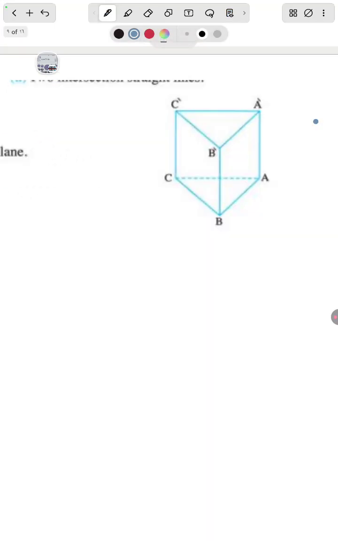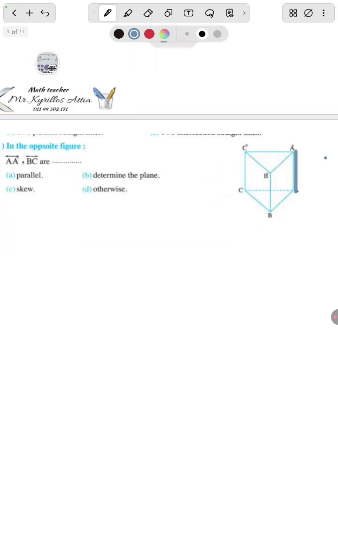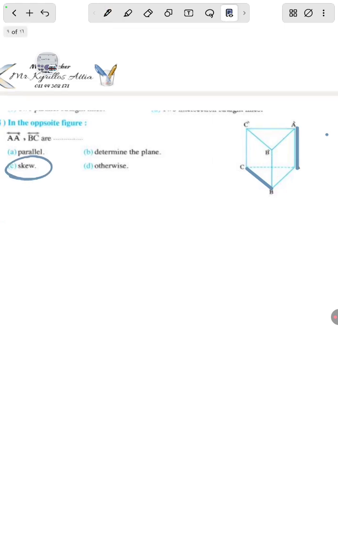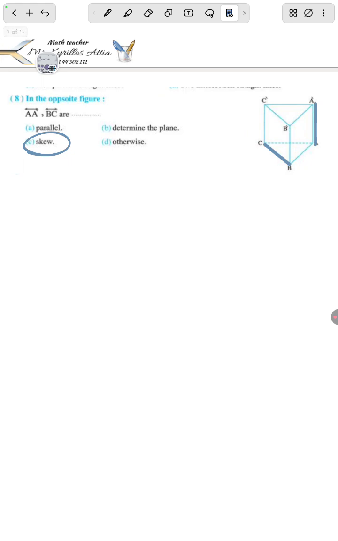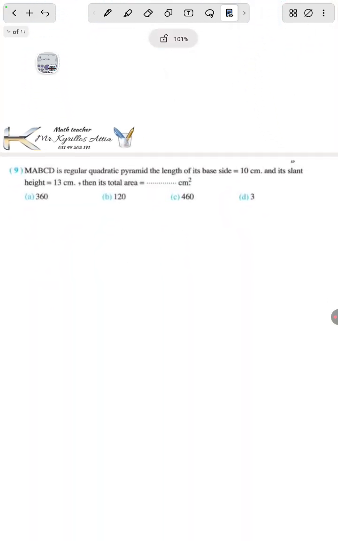A' and B' are here, and B and C here, so it will be two skew lines, because they are not parallel and they do not intersect, so it will be skew lines.